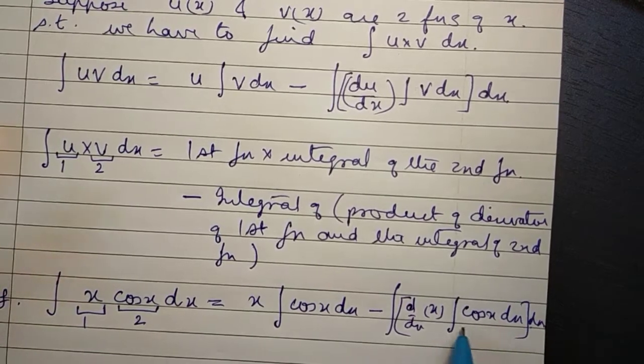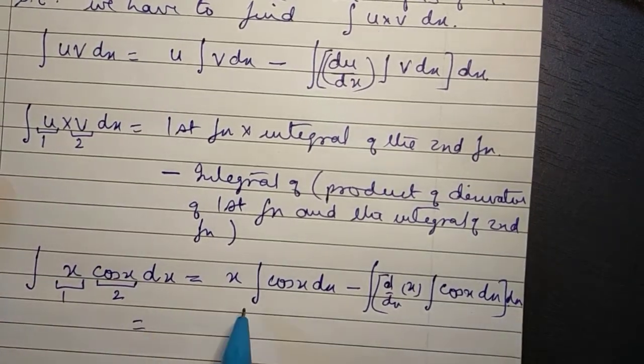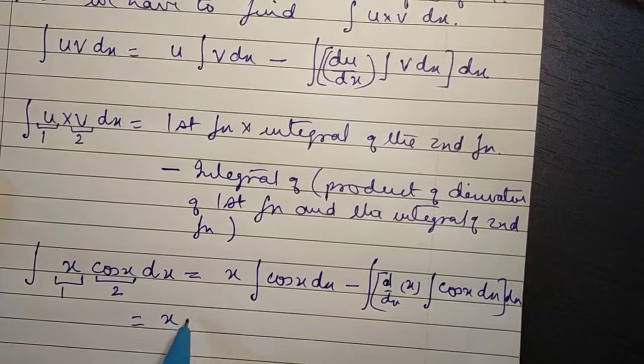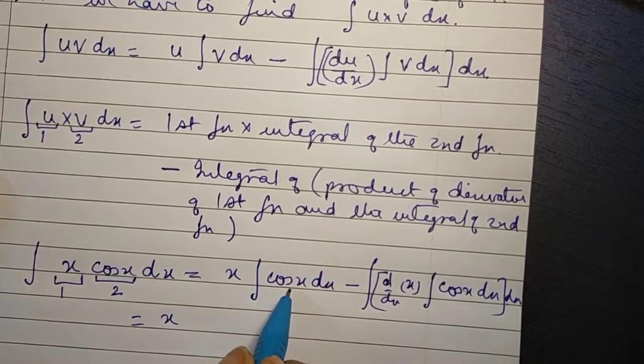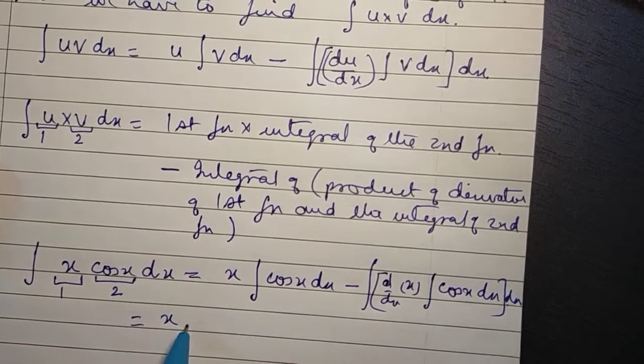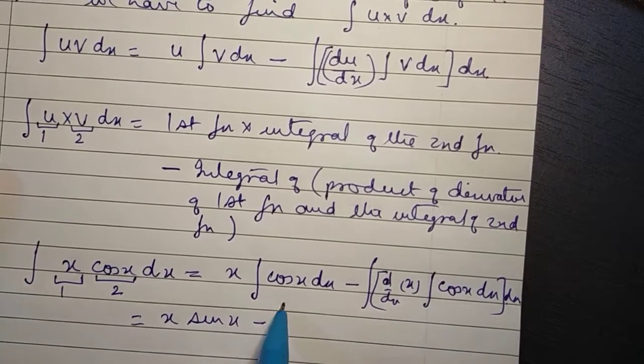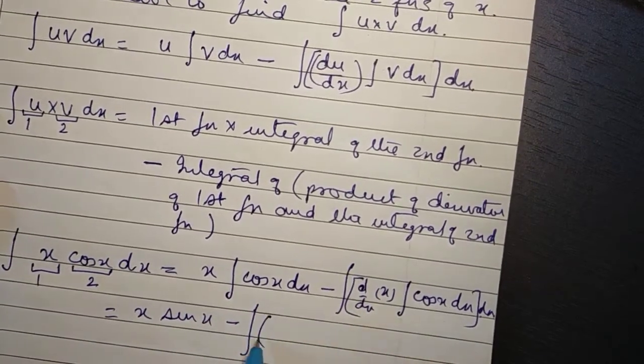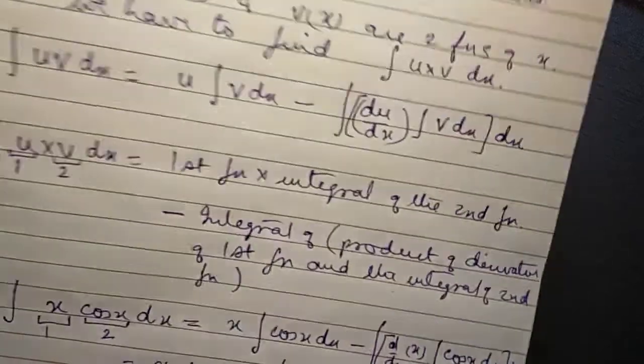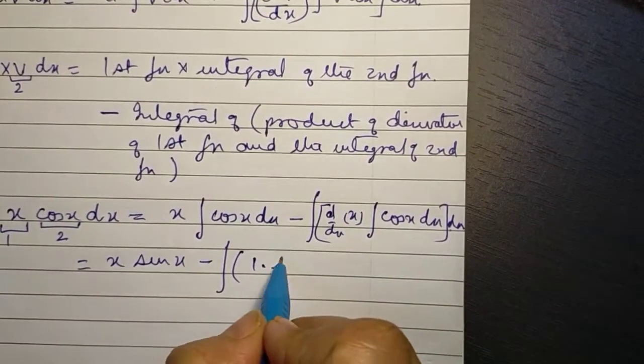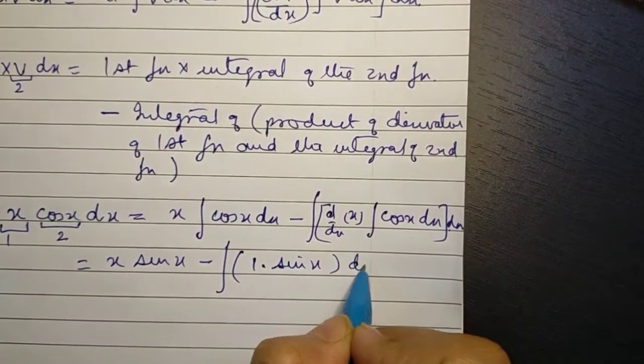So this is the formula. When we start solving it, we get x into, now integral of cos x is sin x, minus integral of, now derivative of x is 1, into integral of cos x is sin x, into dx.